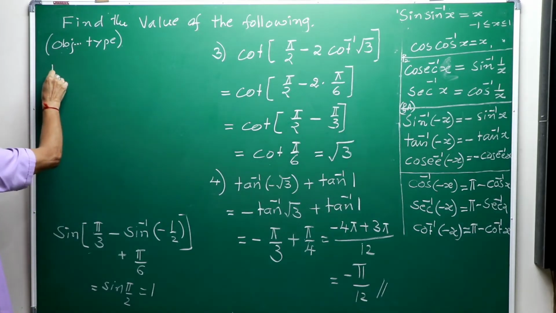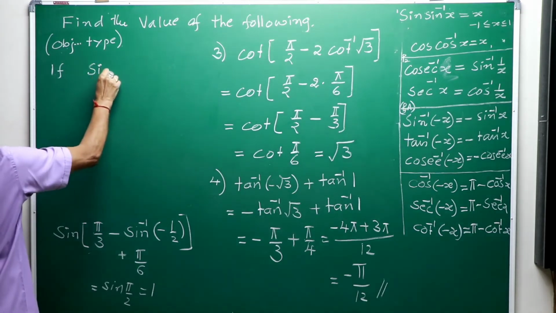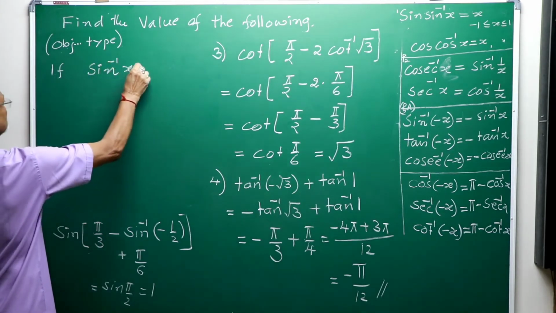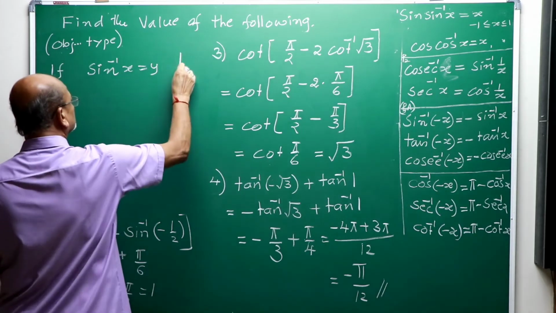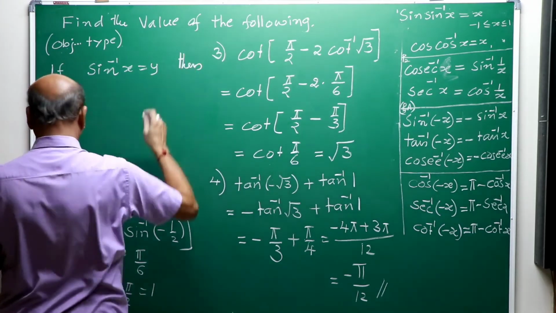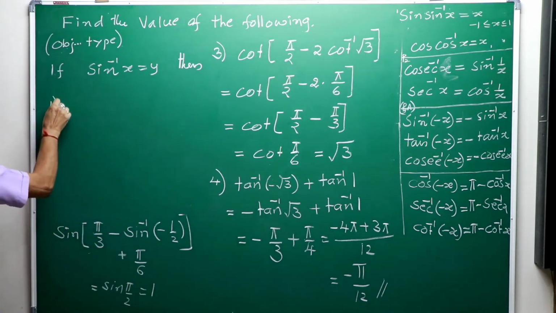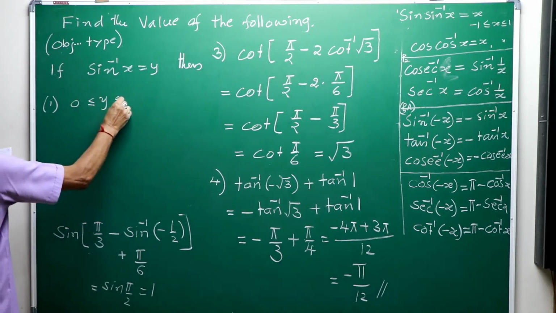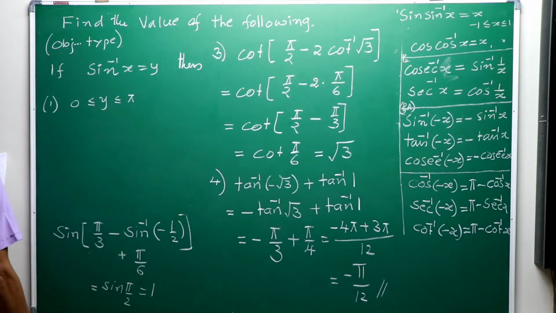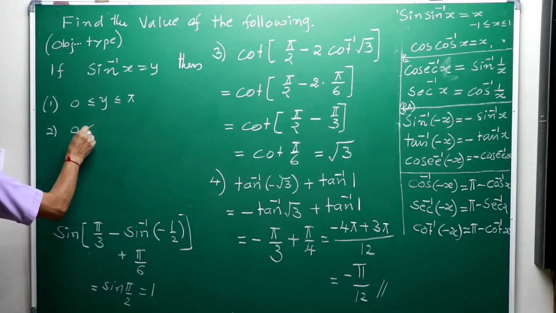If sine inverse x equal to y, then these are the options. First option, 0 less or equal to y less or equal to pi. Second option, 0 strictly less.